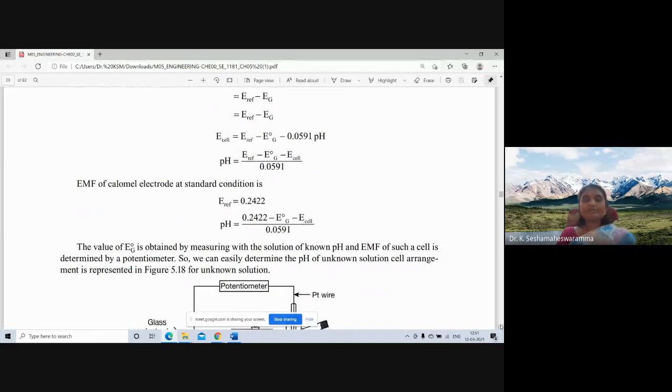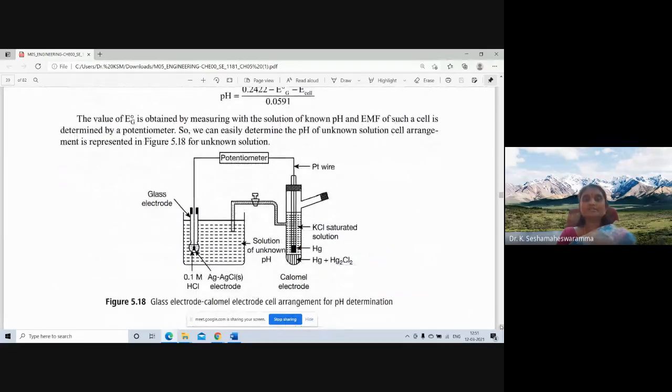The cell arrangement is represented here. This is the calomel electrode, right? This is the reference electrode. Then this is the glass electrode. Here we are taking 0.1 M HCl with a silver chloride electrode.